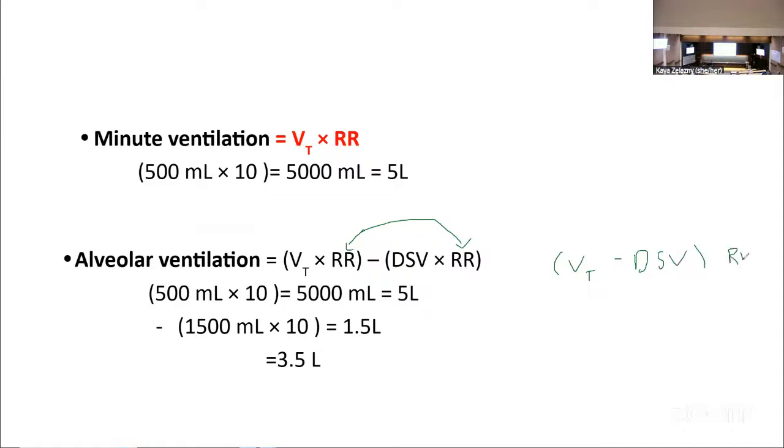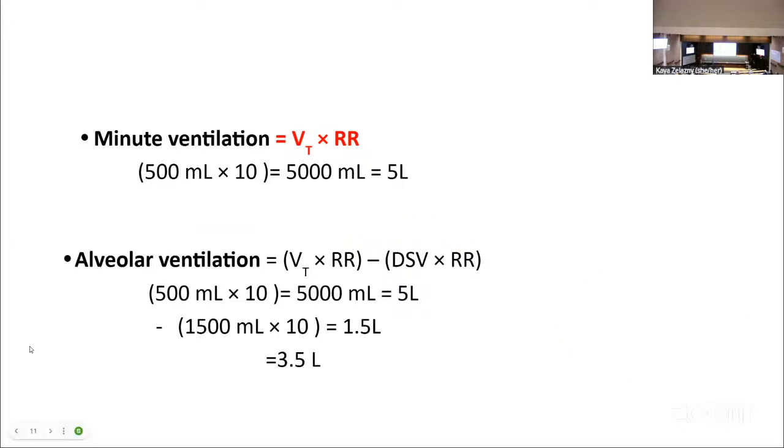That would have worked too, right? In which case we would have had 500 minus 150, which is 350, times 10. Okay. So two ways you can get there. We're always going to have a lower alveolar ventilation than minute ventilation because we're trying to figure out how to ignore that dead air.